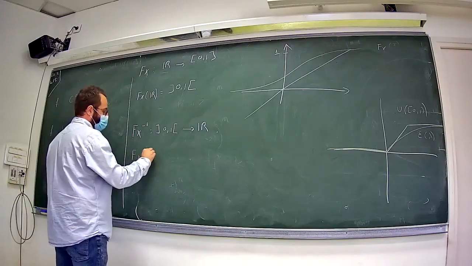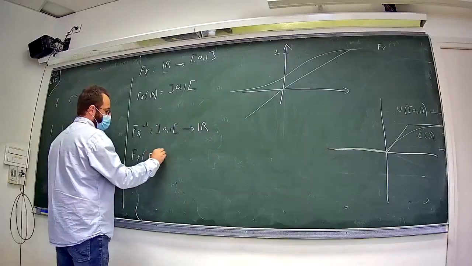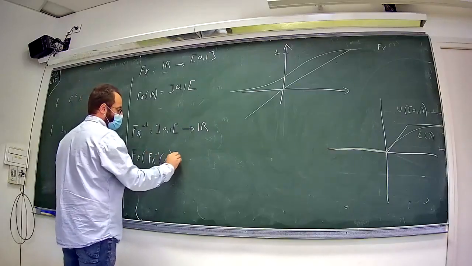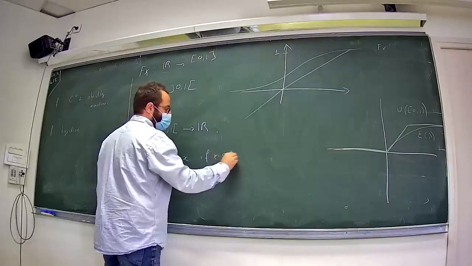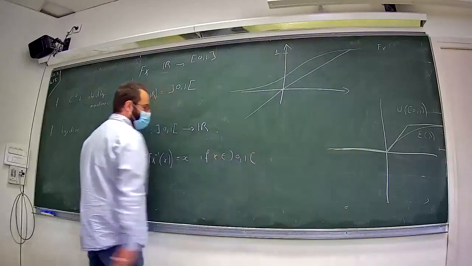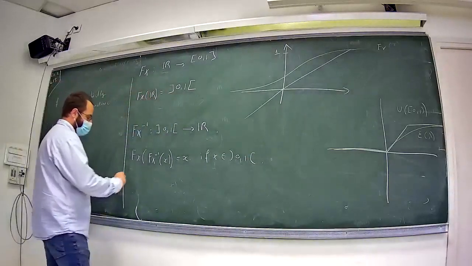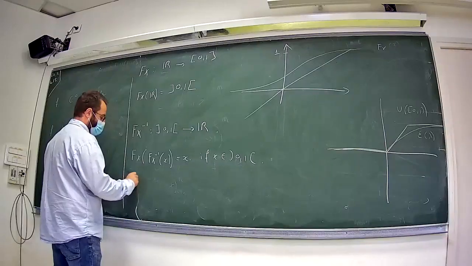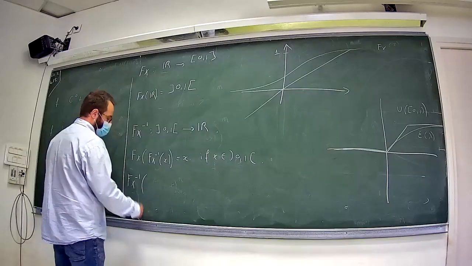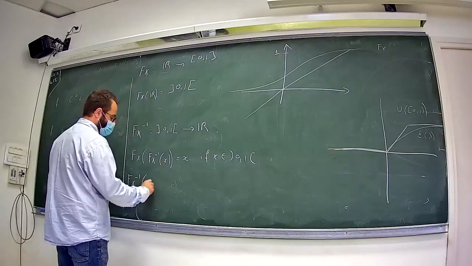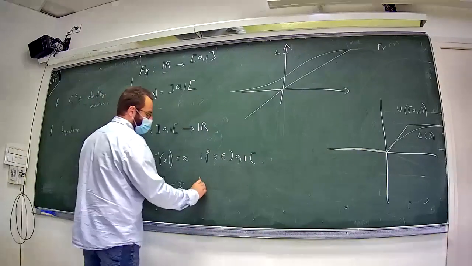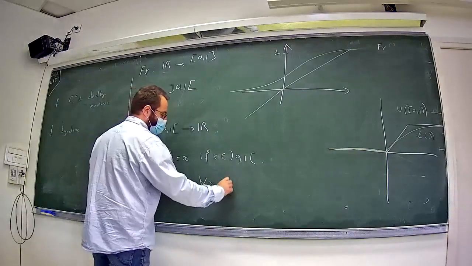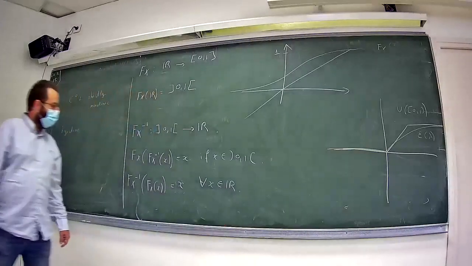F_X of F_X^{-1} of x is equal to x if x belongs to (0,1), by definition of the inverse, and F_X^{-1} of F_X of x is equal to x for all x belonging to R. Okay?